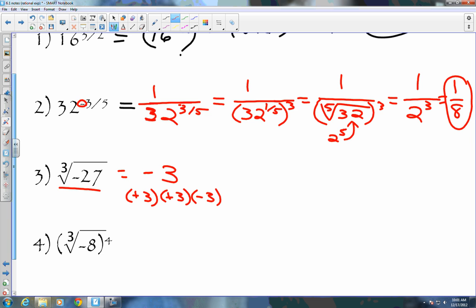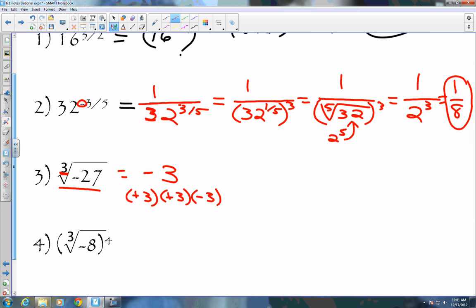Now here's a rule for you to think about. If I'm taking an odd root, if I have an odd number here, 3, 5, 7, whatever, then there will always be one real root, one real answer to that equation, whether it's positive or negative underneath there. And if it's negative here, it stays negative out here.